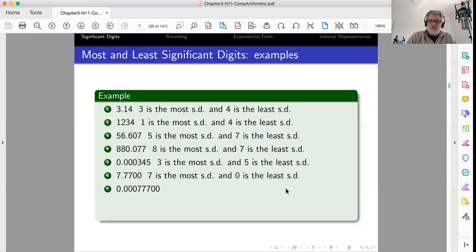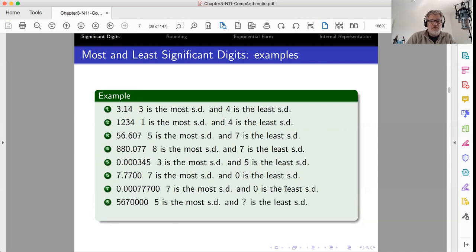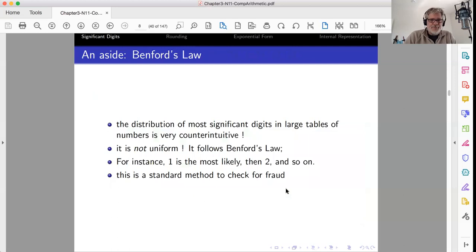Again, those leading zeros are not significant, so 7 is the most significant digit and 0 is the least. And this is ambiguous. Clearly 5 is the most significant digit, certainly significant as the leftmost digit, but we don't know what the least significant digit is. And again, this doesn't matter. This is the ambiguous case.